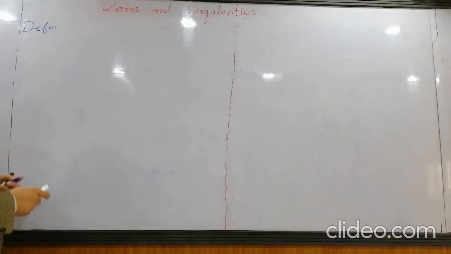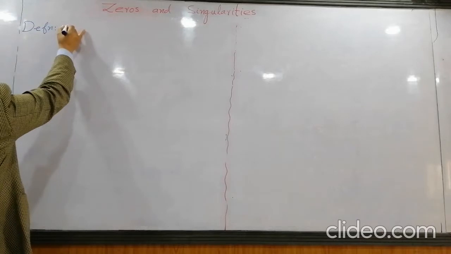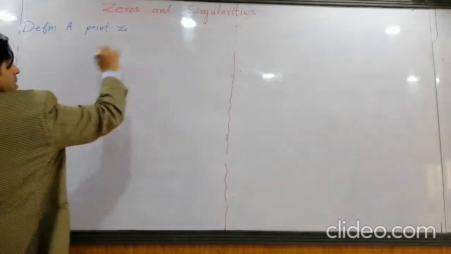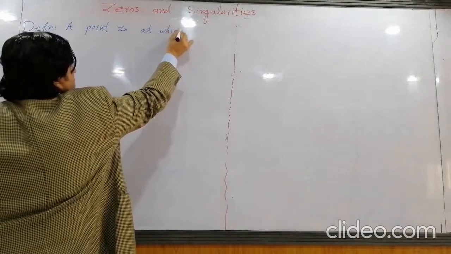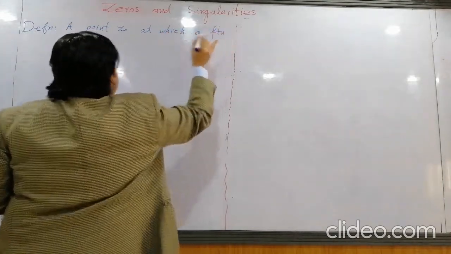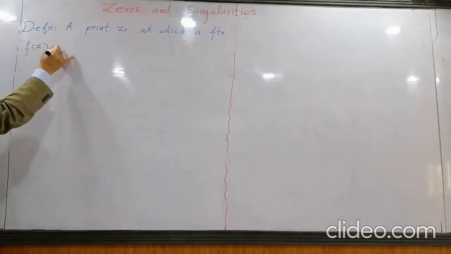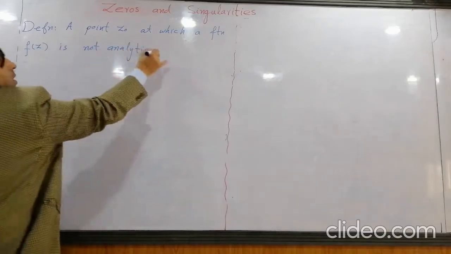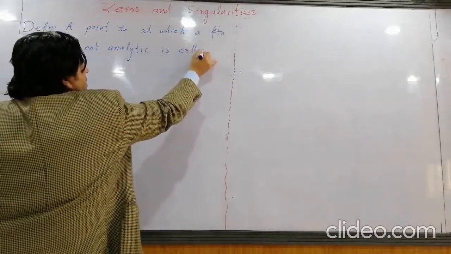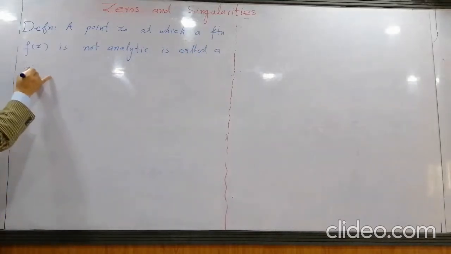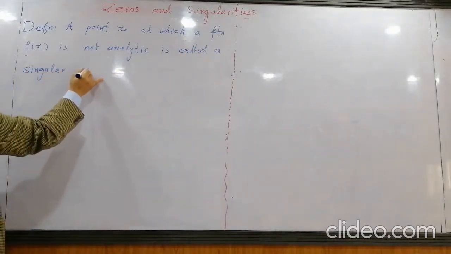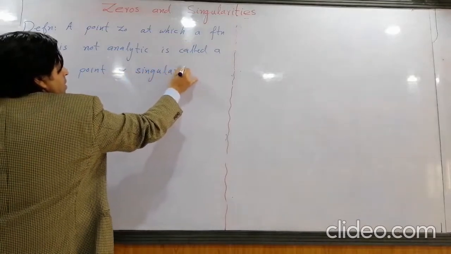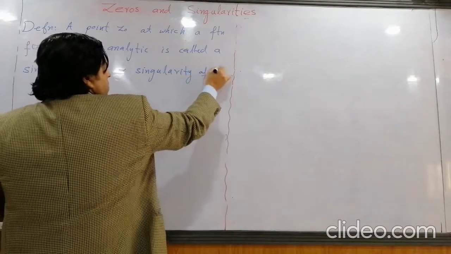Now let us define the singularity of a function f of z. We say that a point z naught at which a function f of z is not analytic is called a singular point, or singularity, of a function f of z.